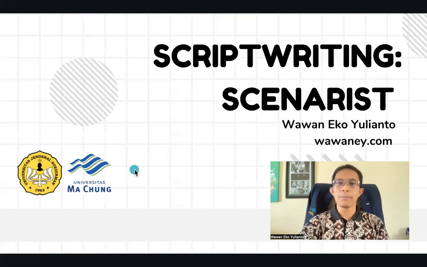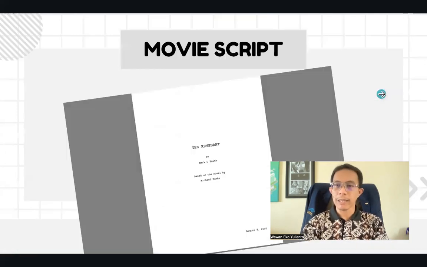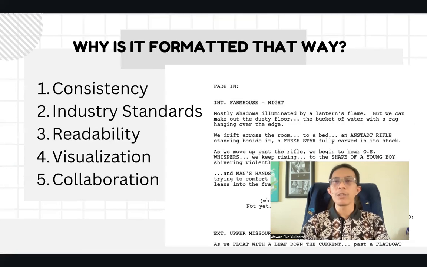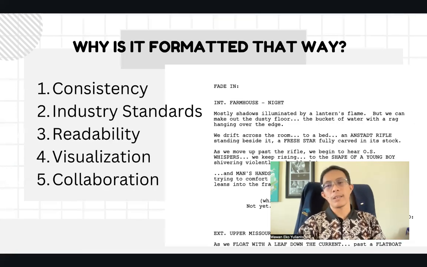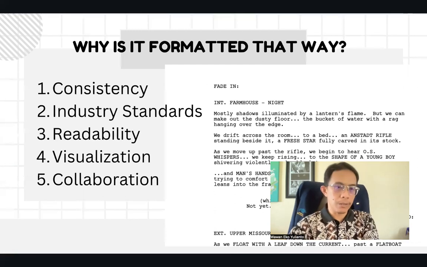All right, now before going into Scenarist, let me discuss a little bit about why the formatting is like that. It's because, first of all, it's done for consistency. We need to have a consistent style or formatting from one script to another.